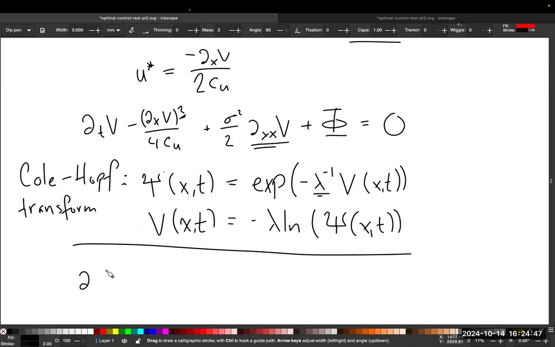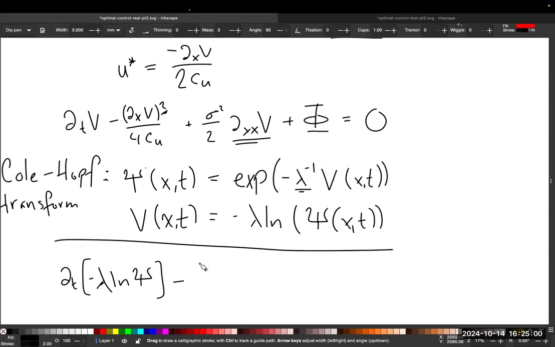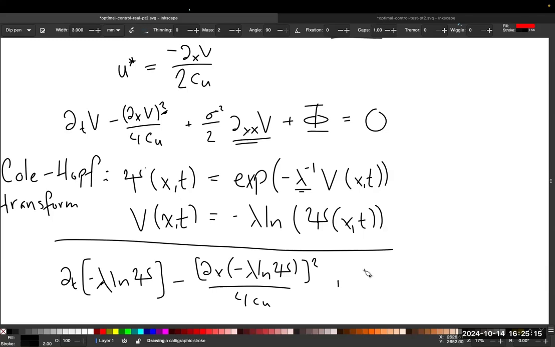So we're going to have partial t of negative lambda log psi, minus partial x of negative lambda log psi, this whole thing squared over 4cu, plus sigma squared over 2 partial xx of negative lambda log psi, plus b equals 0.